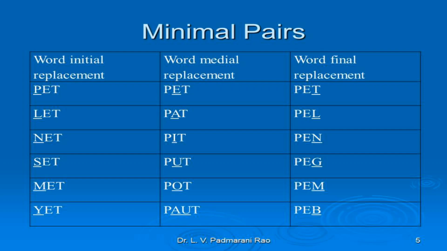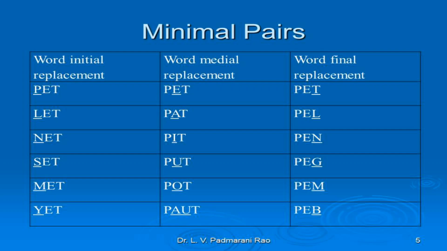If p in pet is replaced with m, it becomes M-E-T, met, and if it is replaced with y, it becomes yet, again a different word with a different meaning. Each pair of sounds, for example P-E-T and L-E-T, becomes one pair. Each pair of words which differ in only one sound is called a minimal pair.